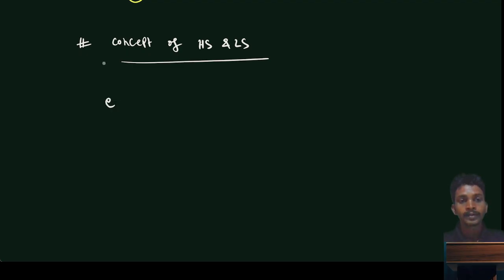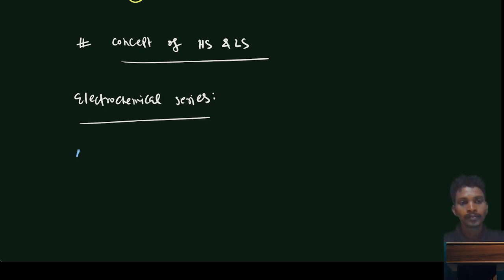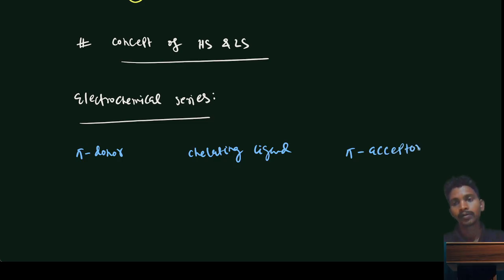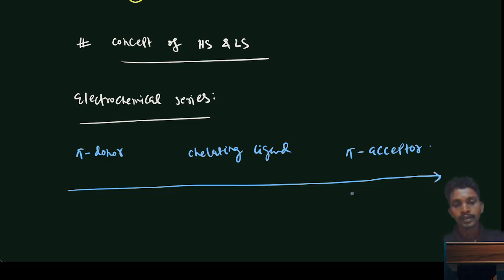Here we have first pi donors, then some chelating ligands, then the pi acceptors. In this series, likewise, the delta naught value will increase.